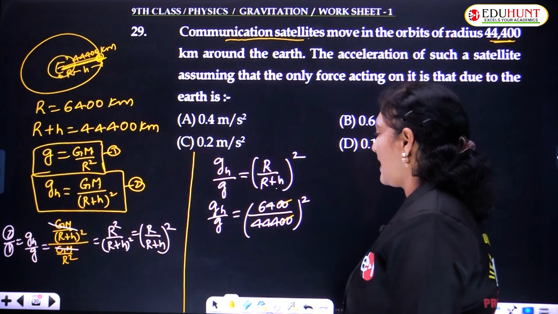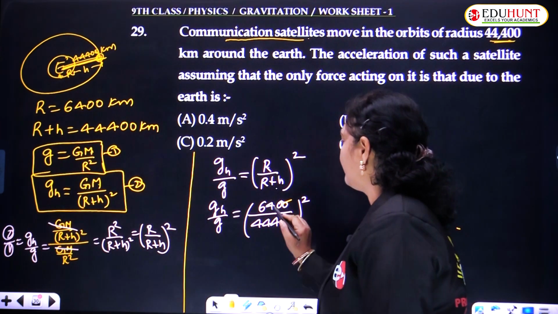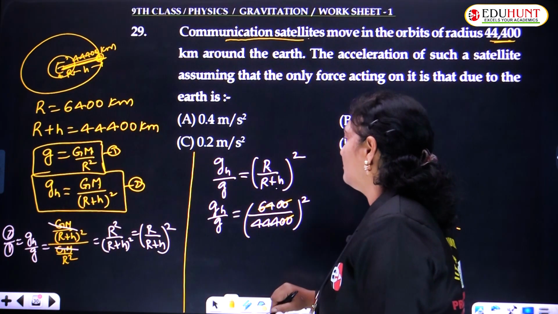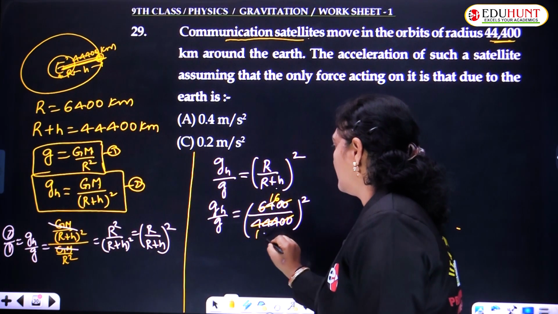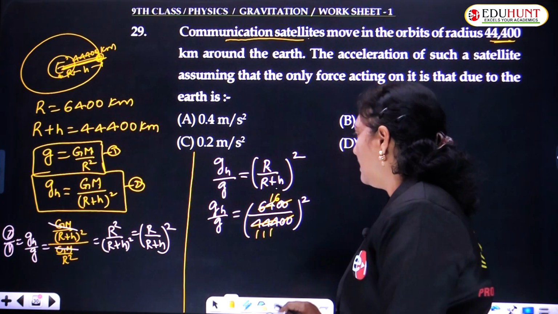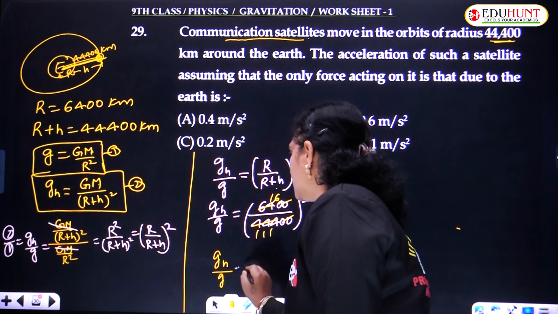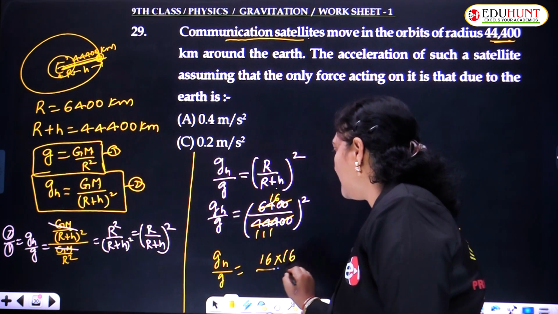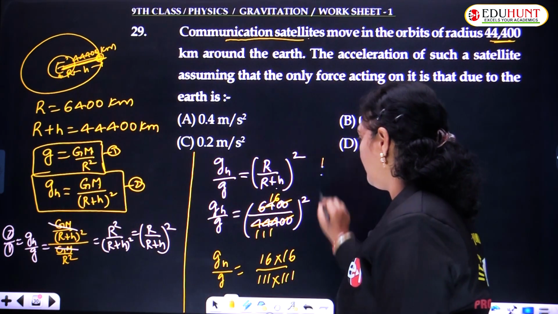The 0s get cancelled. So, you are left with 64 upon 444, which simplifies to 16 upon 111 whole square. Hence, the value of g_h upon g is equal to 16 square by 111 multiplied by 111.